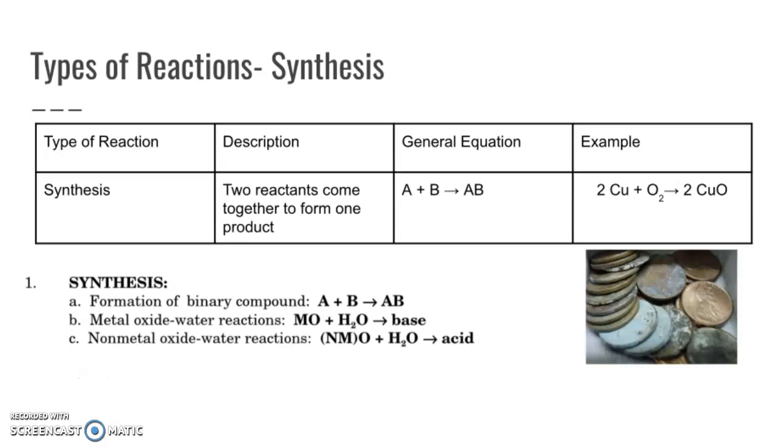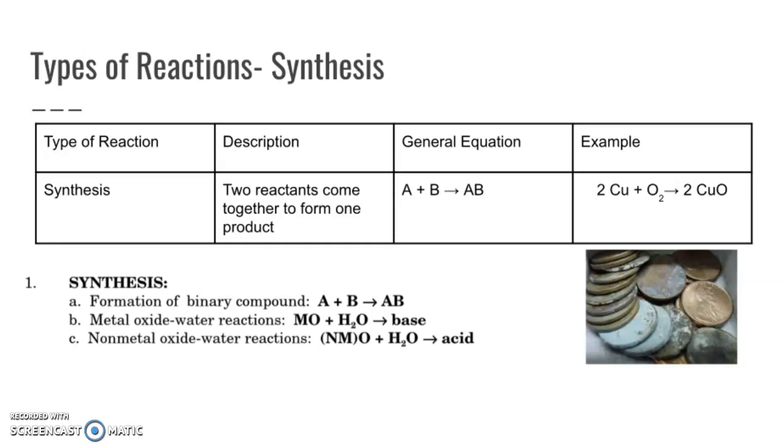The first type of reaction is a synthesis reaction. If you think of synthesize, you might think of creating something, and it's the same thing. Synthesis reactions take 2 reactants and form 1.